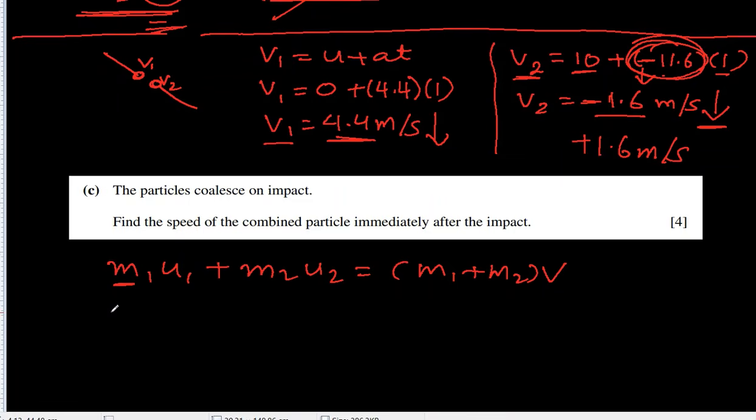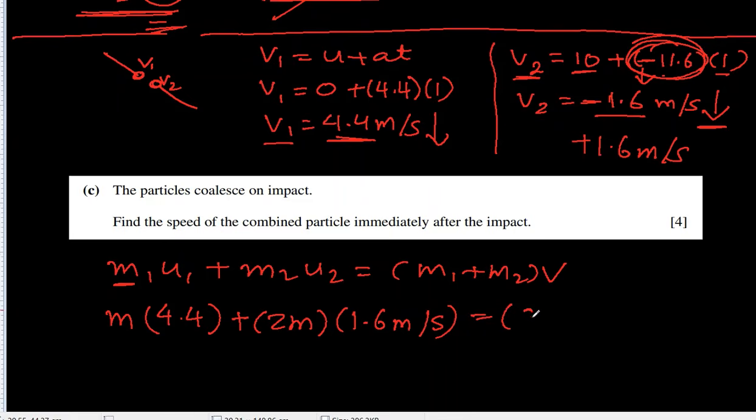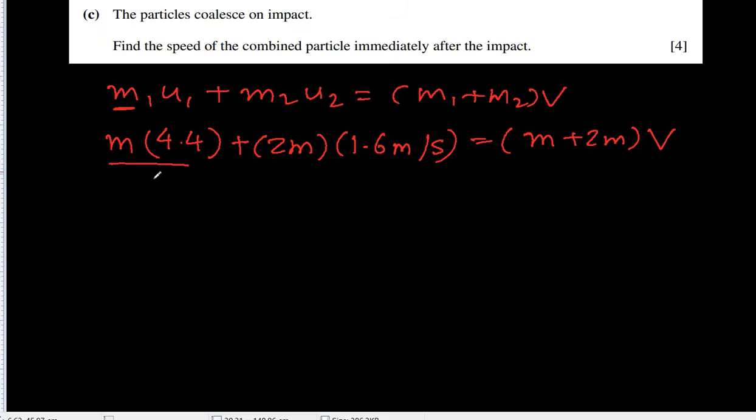So m1's mass is just m. u1 we got 4.4 meters per second downwards, plus m2's mass is 2m, and its velocity is 1.6 meter per second, also downwards, equal to m1 plus m2, so m plus 2m, and v is the final velocity they have. Okay, so this becomes 4.4m plus 2 times 1.6, 3.2m, equal to 3mv.